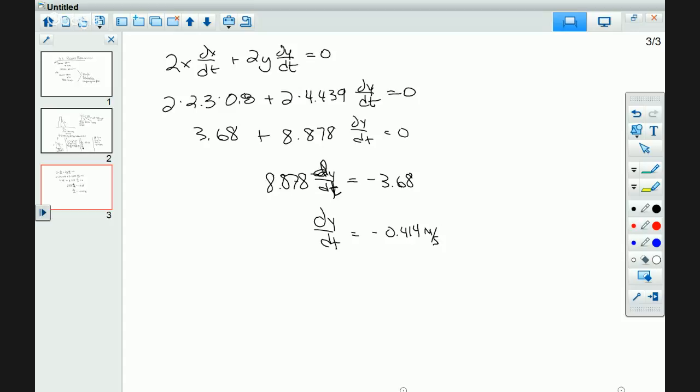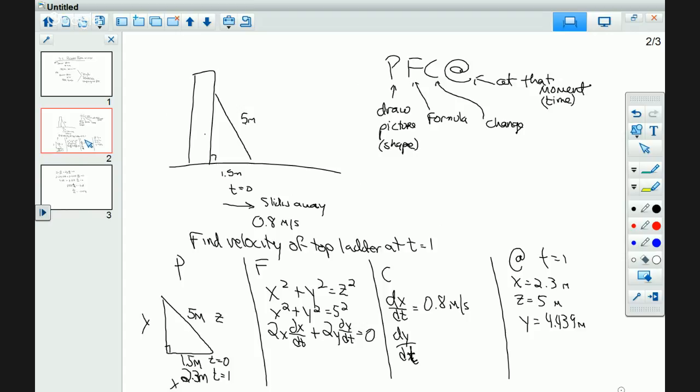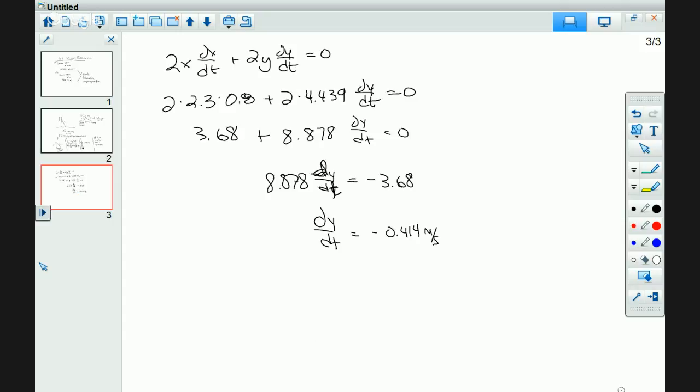So what does that mean? At time 1, the top of the ladder is traveling 0.414 meters per second down. Right? So sometimes you have to interpret these.